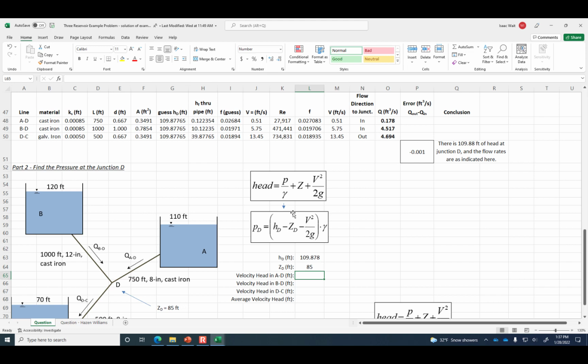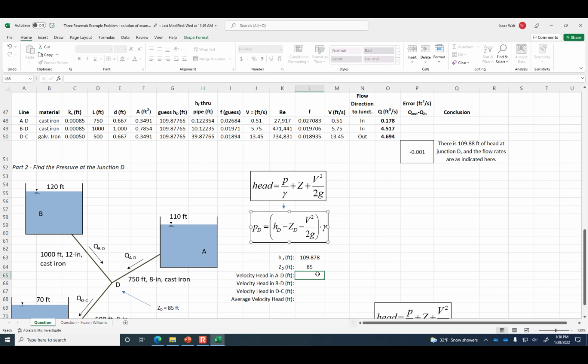And then you'll notice here when we rearrange the definition of head, we have to subtract out the velocity head. So the water is moving, and some of the energy that exists at D is in the velocity of the water. But what makes it a little bit complicated is which velocity would we use, because D is a junction of 3 different pipes. And so each one of them could have its own velocity.